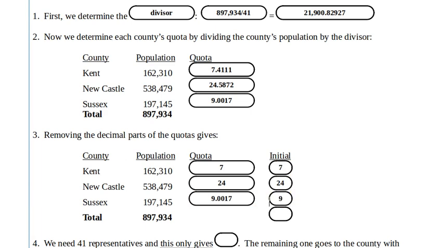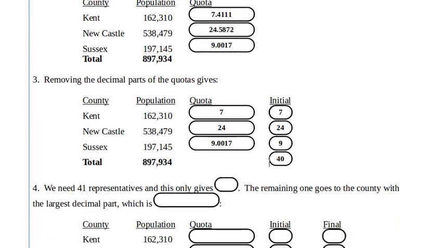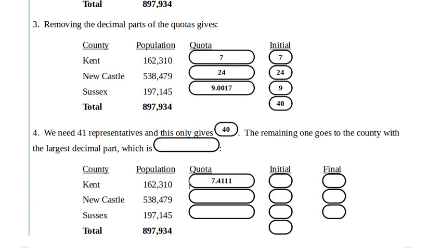We're leaving those decimals, and then we add them up and see if we get 41, and we're 1 off. We need 41 representatives. We've only got 40. So now we go back through and remind ourselves that we kept all of those decimal parts. That gave us our initial allocations, and that only added up to 40.